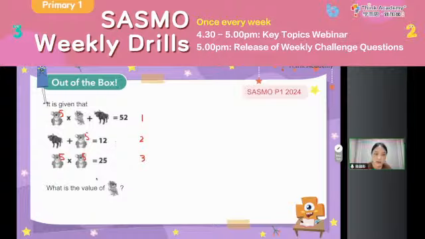If we know 1 cow plus 5 equals 12, then that will be 7, right? So all will be 7. So 5 times the owl plus 7 equals 52.